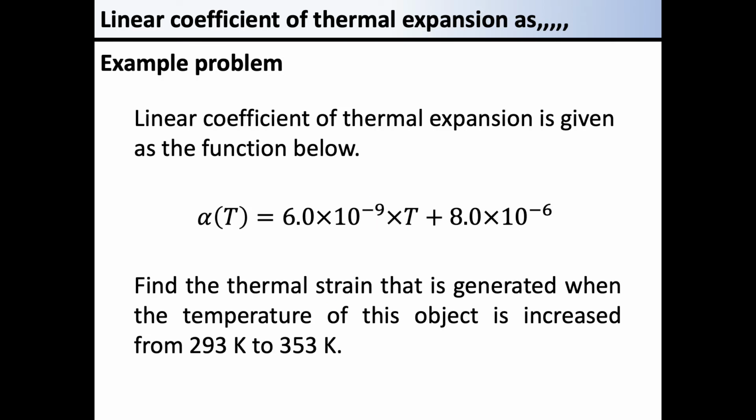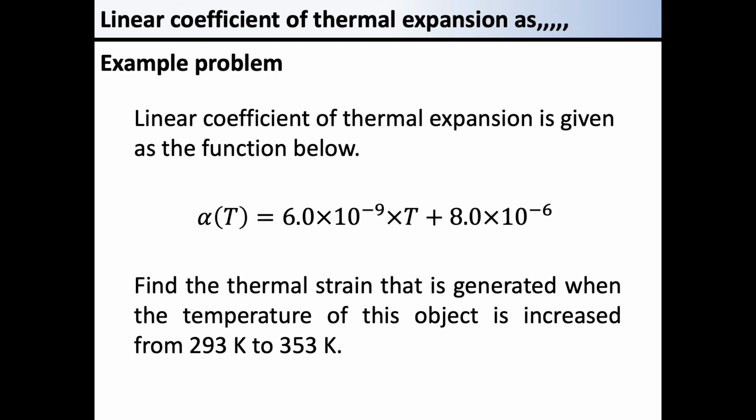In this problem, the linear coefficient of thermal expansion is given as a linear function of an absolute temperature T. We then find the thermal strain that is generated when the temperature of this object is increased from 293 Kelvin to 353 Kelvin.